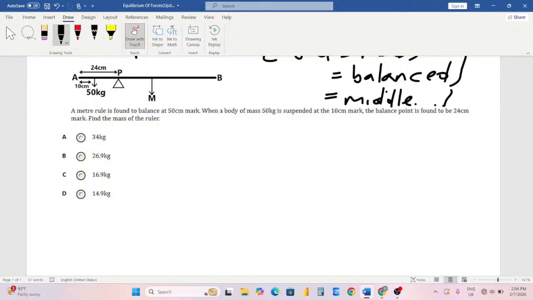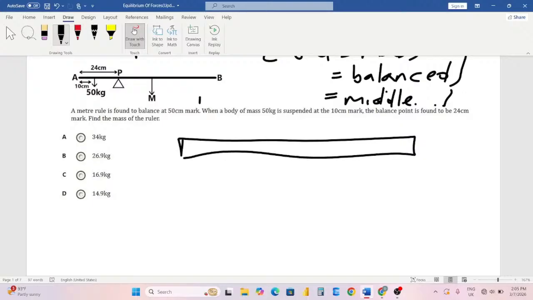So let's interpret it one statement at a time. So a meter rule is found to balance at the 50 centimeter mark. Okay, I know that a meter rule is what? 100. The meter rule is 100 centimeter long.